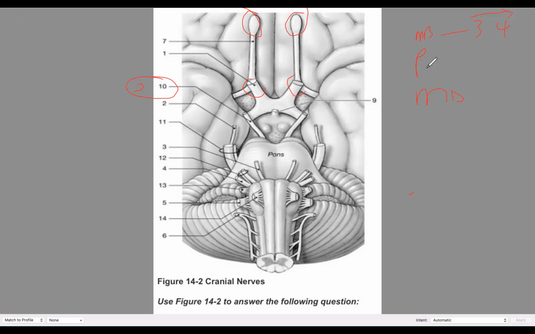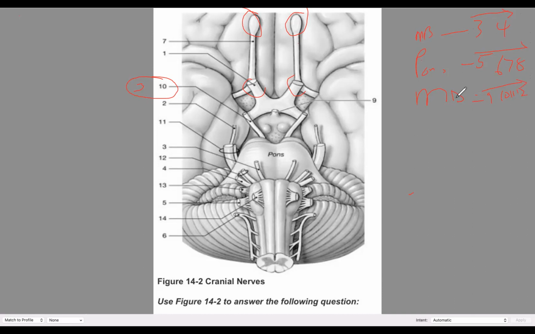The pons also has the next 4, which is 5, 6, 7, 8. We start from medial and go outwards. Medulla also has 9, 10, 11, 12. Is that correct? We start from medial and go outward. So let's apply this method. You need to apply this method several times in order to remember this and pick your answer fast.